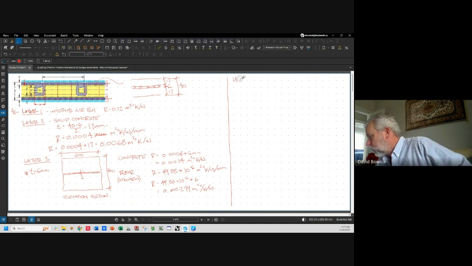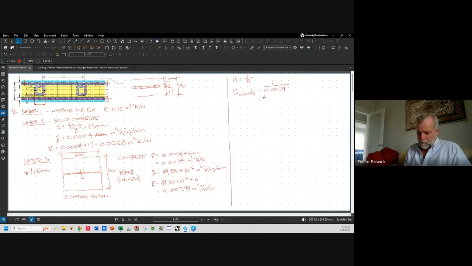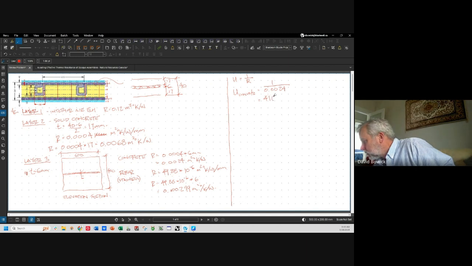U equals 1 over R. U is the conductivity, R is the resistance. So U equals 1 over R. So U for the concrete portion equals 1 over 0.0024, which is 416.67 watts per meter squared degree Kelvin.